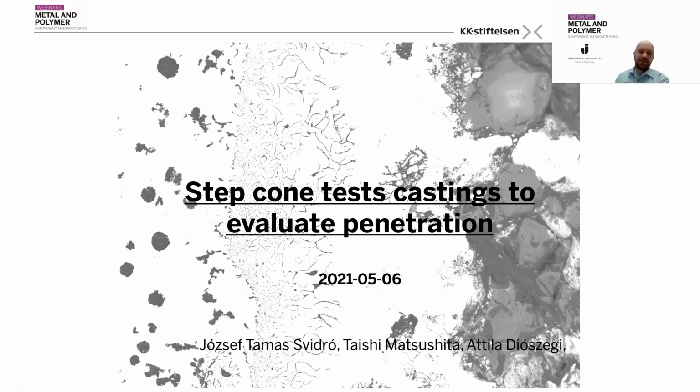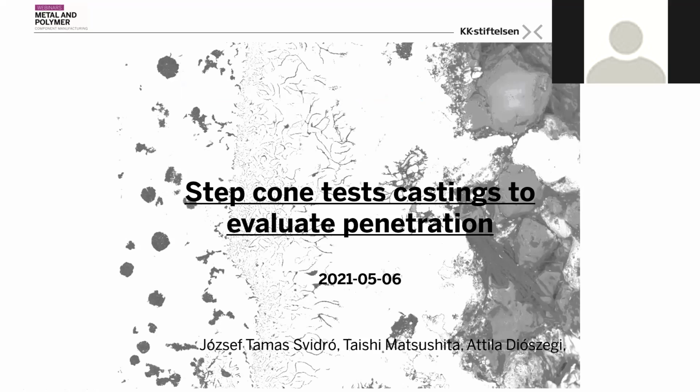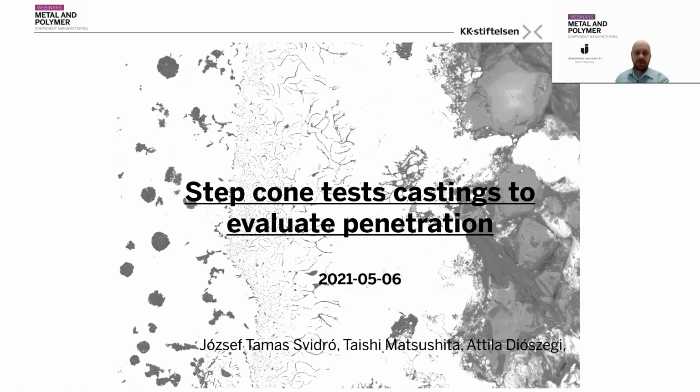Yeah, thank you. Now we can shift a bit towards more practical things. And I will talk about step cone test castings, which is a quite prevalent tool or casting used both in industry and in research activities.